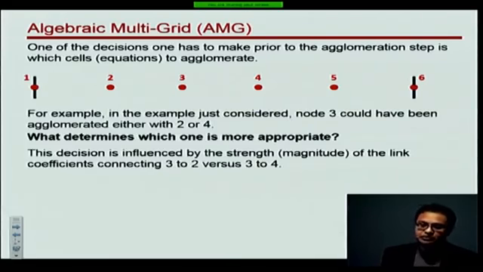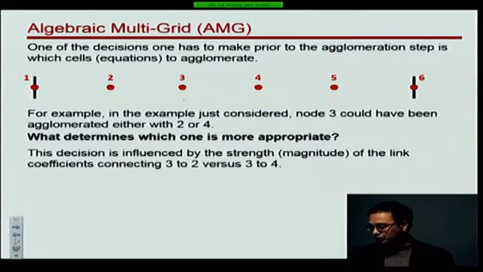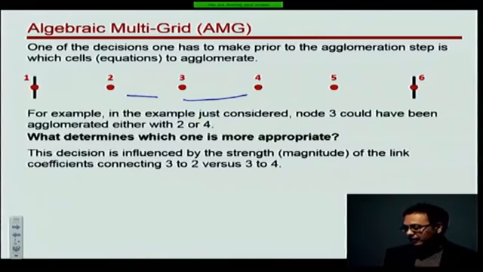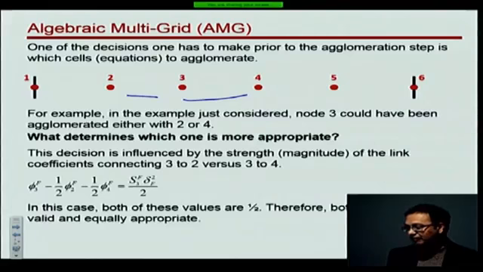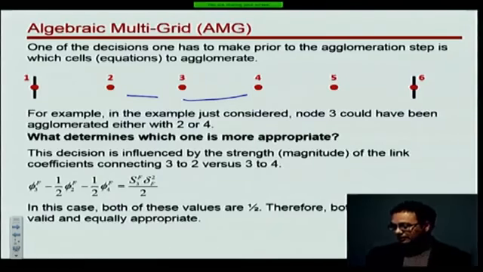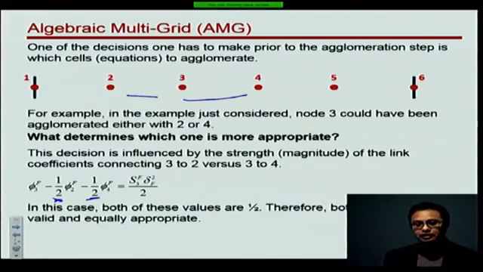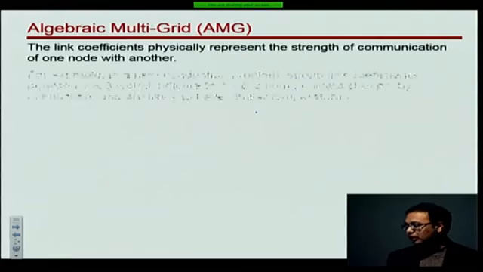Do I want to do this or do I want to do that? This is what I was talking about. In this case, it's half on both sides. Connection to 2 has a minus half, connection to 4 has a minus half. So equal probability. Either one is fine.